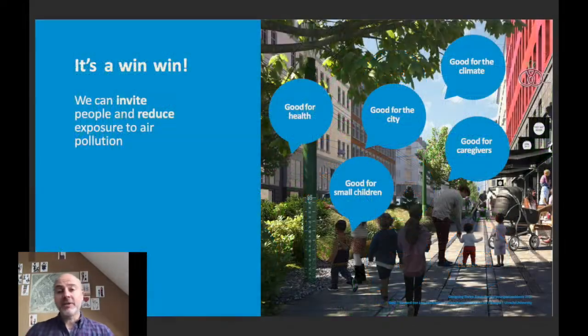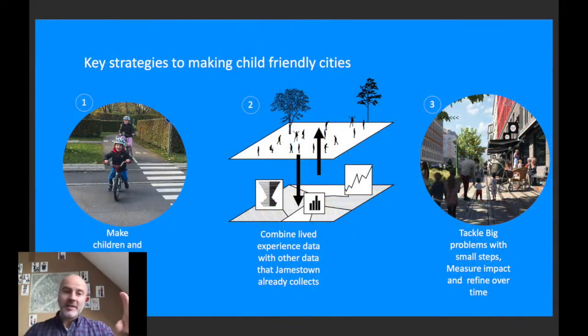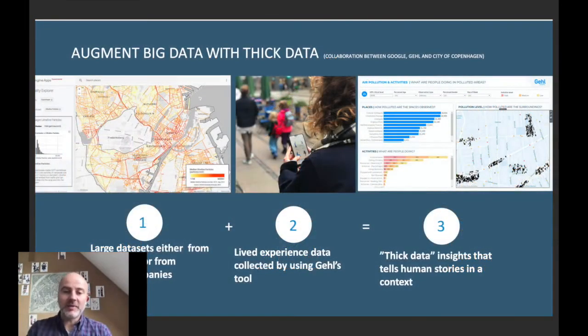The other thing that we've been missing up to now, but this project illustrates, is this combination, right, that I mentioned about the big data, this comprehensive data set with incredible technology that Google is providing, together with this, we use technology too for our data collection, but it's lo-fi, it's simple, but it's very much thick data. It's more about this lived experience.